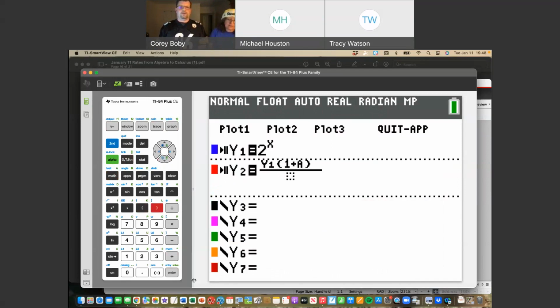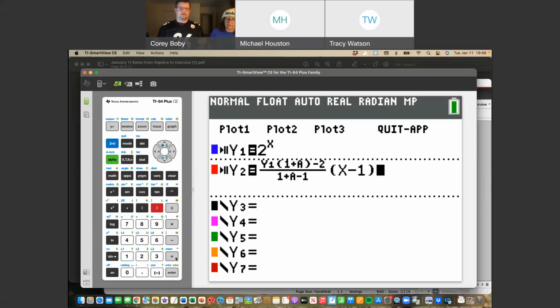The y value would be 2. And then I'm going to do 1 plus a minus 1. That's the slope. And then that would be times x minus 1. And then I'm going to have to add 2.